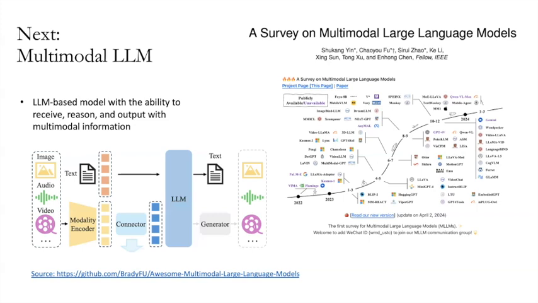Just to give a very brief background, how do we think about an MLLM? It's generally 3 modules. The first module is a pre-trained modality encoder. And there is a pre-trained LLM associated with it. And connecting the two is a modality interface.